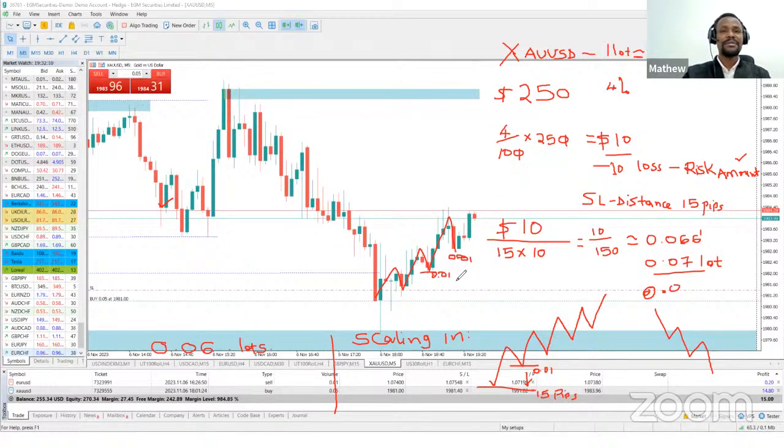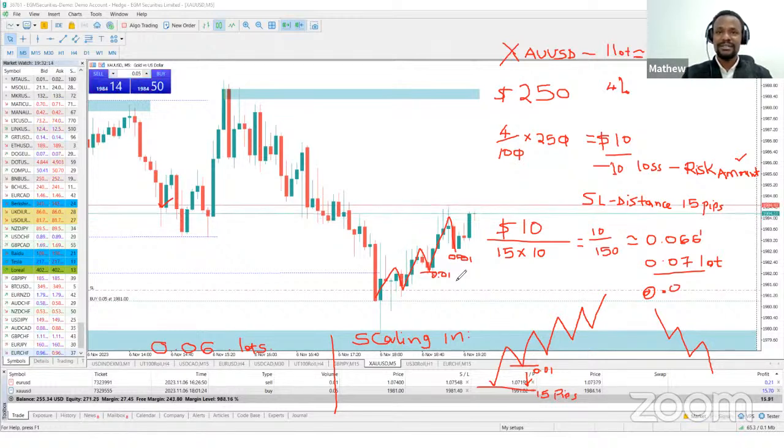So with the trailing stop of the previous trade, with the most recent trade turning profitable, you also want to trail all the other stop losses for the previous trades to the same level as the latest trade.